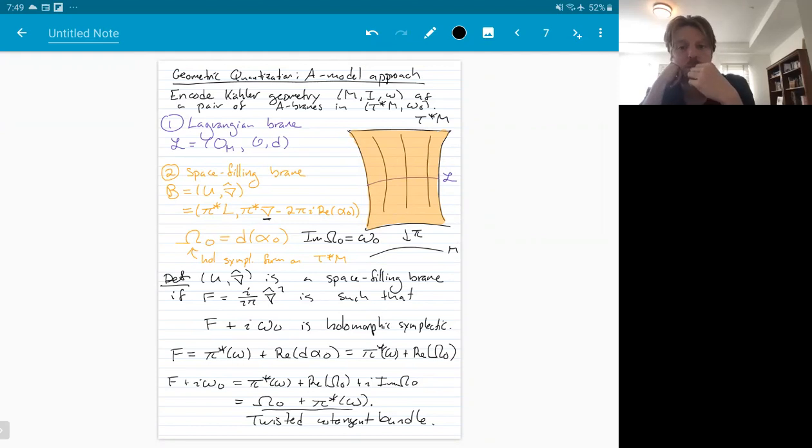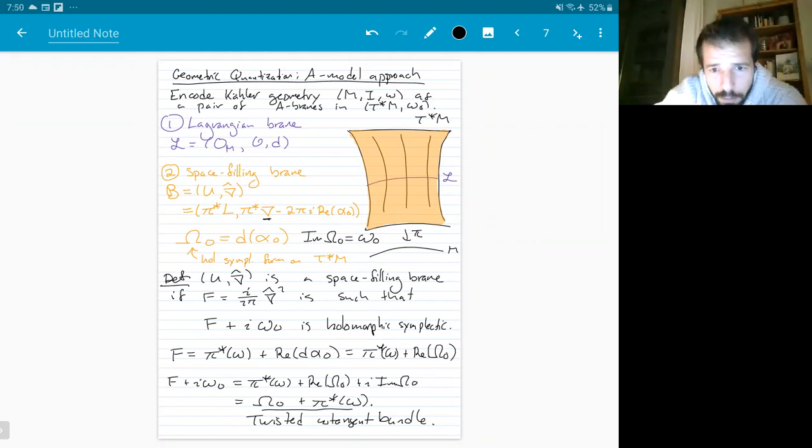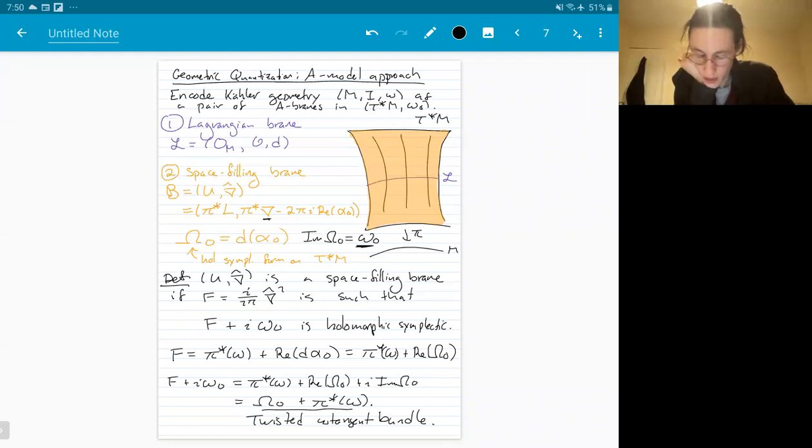And what you call little omega naught, is it defined by the imaginary part of big omega naught, or is it something else that you had before? Well, no, that's what it is. Because the cotangent bundle has a canonical real symplectic form, which is little omega naught. It's your definition, right?